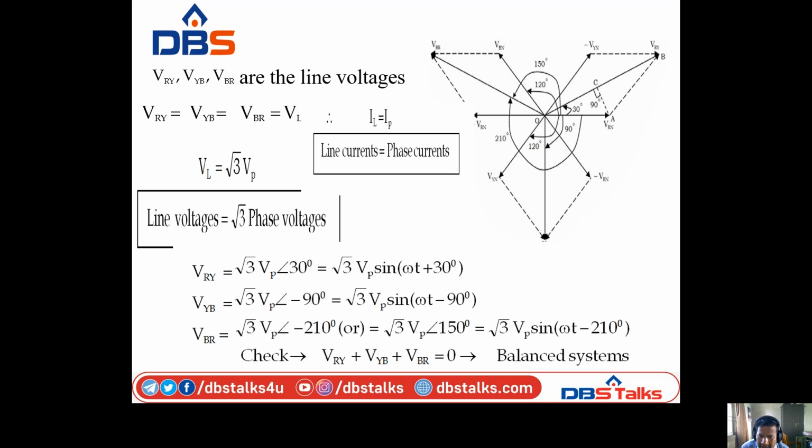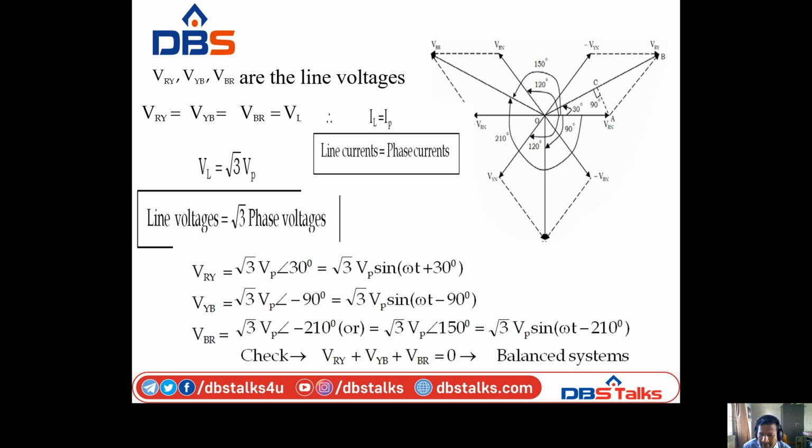I am taking this as VRN, and exactly opposite is minus VRN. Now the vector sum of VBN and minus VRN is VBR, the line voltage. Similarly, this is VRN and this is VYN, and the exact opposite vector is minus VYN.